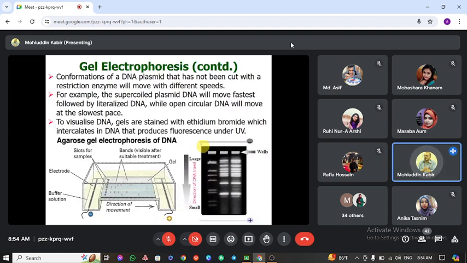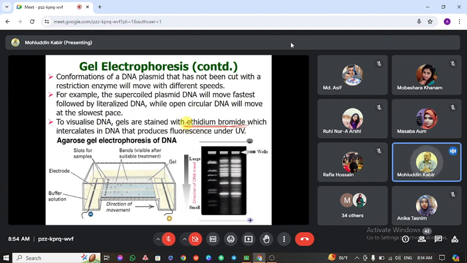That's why we add the ethidium bromide. Ethidium bromide binds with the DNA molecule and it produces fluorescence under UV light. So this is the band when we observe under UV light.